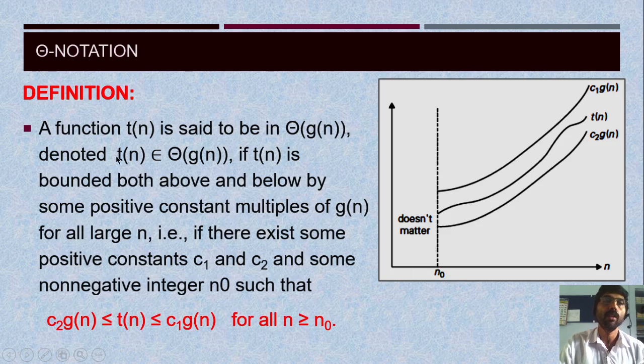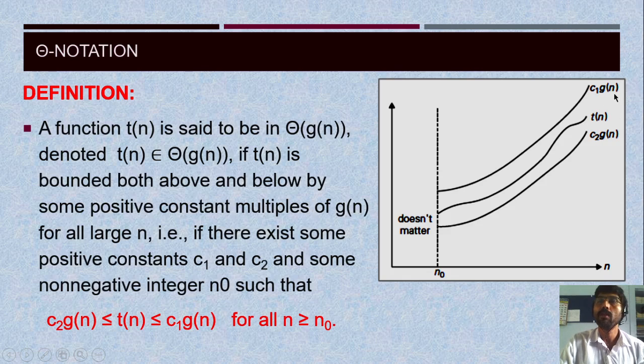The definition for theta notation is: a function T of n is said to be in theta of G of n, denoted by this expression, T of n belongs to theta of G of n, if T of n is bounded both above and below by some positive constant multiples of G of n.